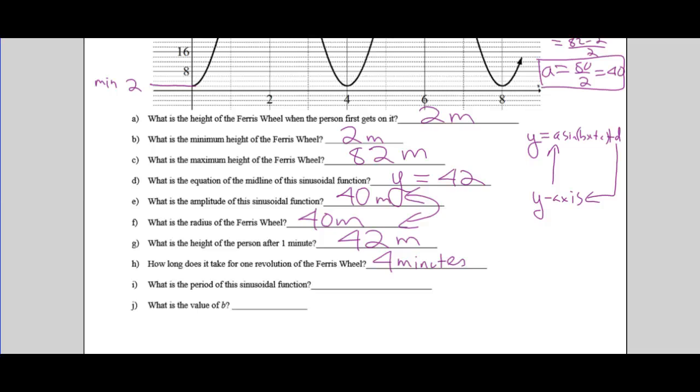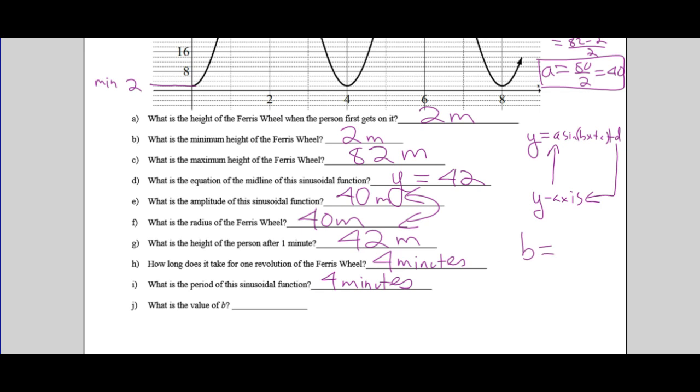Say it louder. 4. 4 what? Minutes. The length of time for one revolution is the period. So it's 4 minutes. What is the value of B?